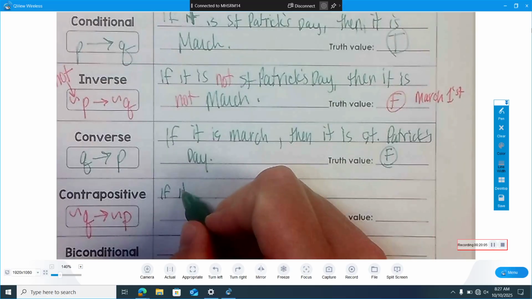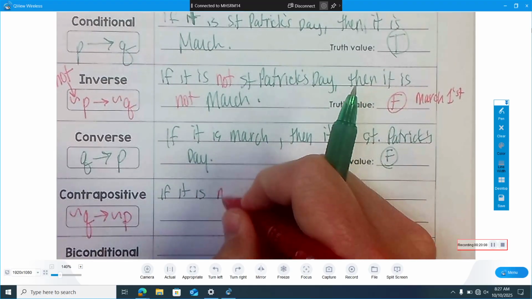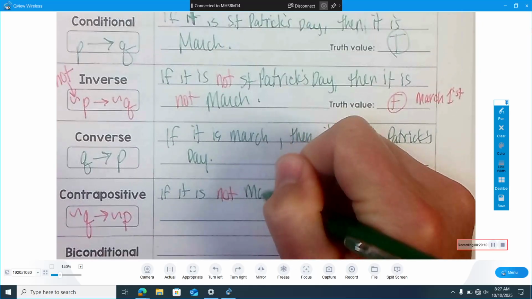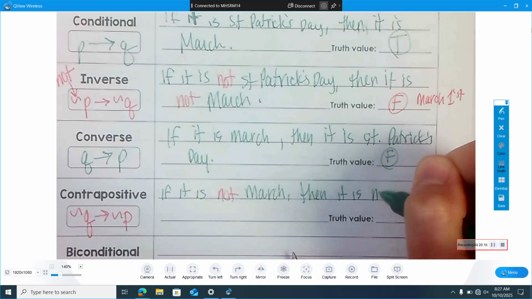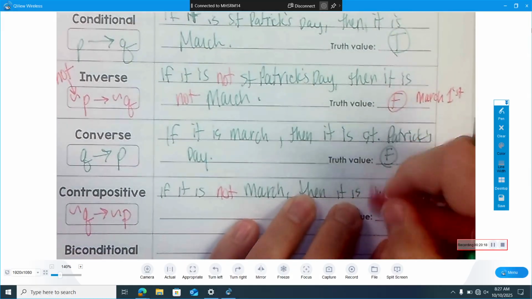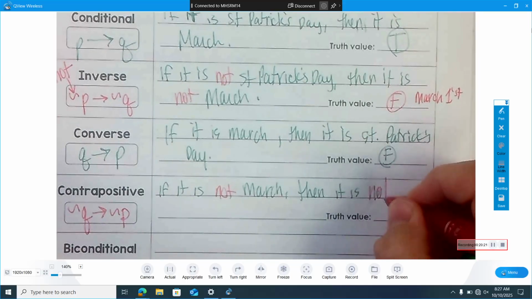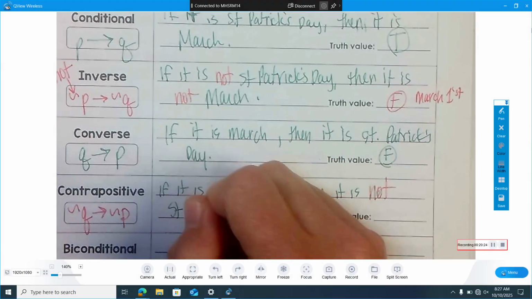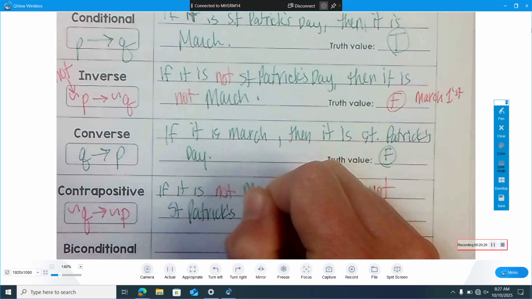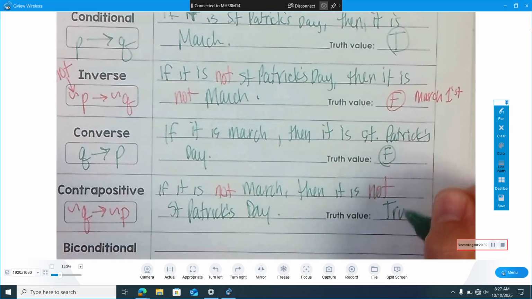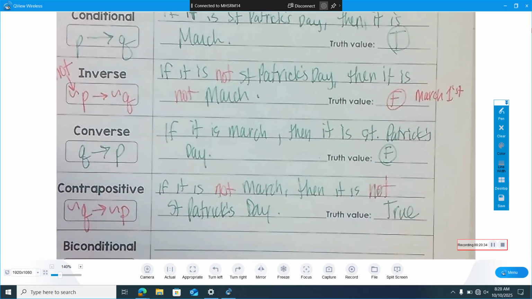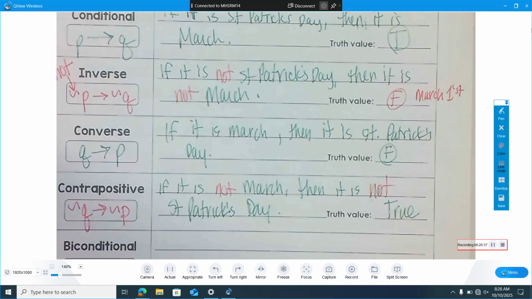So if it is not March, then it is not St. Patrick's Day. That is true. If it's not March, so we're like February, January, any other time, then it's certainly also not St. Patrick's Day. So that is true.